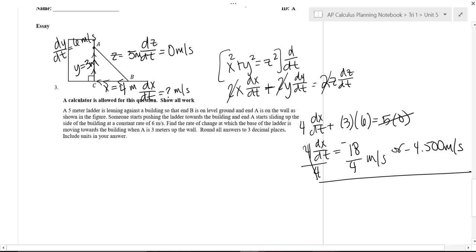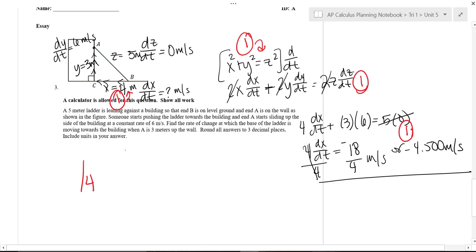And there we go. So, point distributions here. 1 point for knowing that we are using some iteration of the Pythagorean theorem. 1 point for solving for the missing variable of x. 1 point for correctly doing that implicit differentiation, and then 1 point for your correct answer with units.